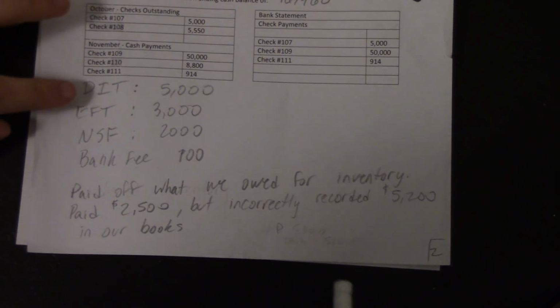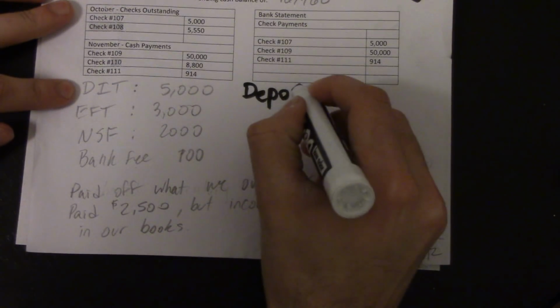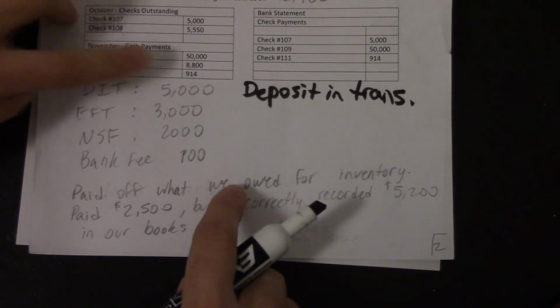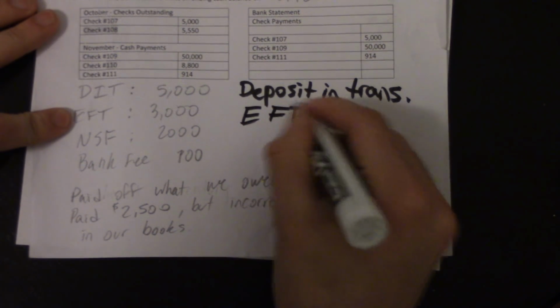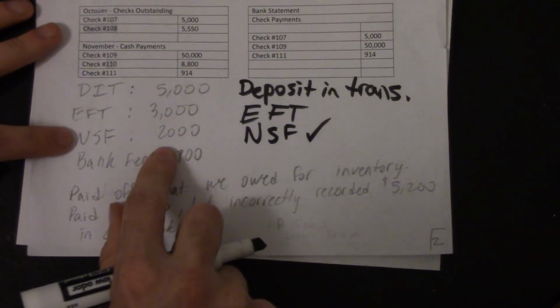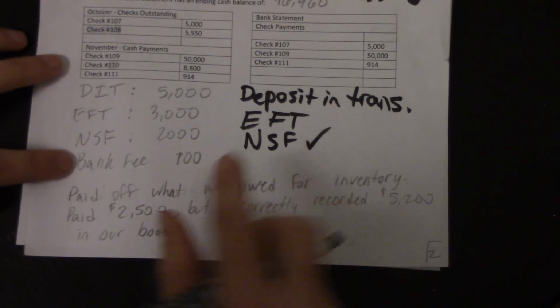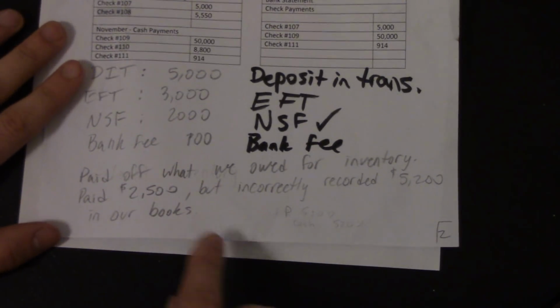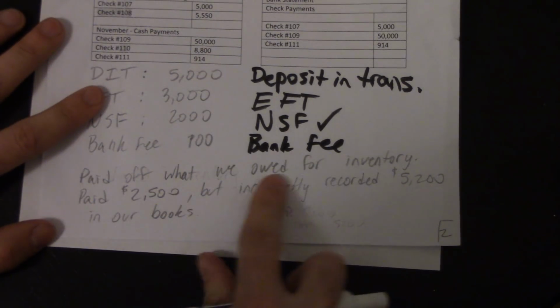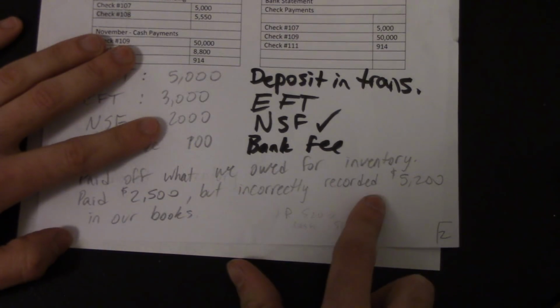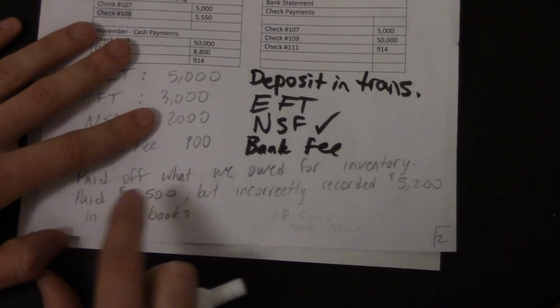We've got a deposit in transit for $5,000, an electronic funds transfer for $3,000, a non-sufficient funds check for $2,000, a bank fee for $100, and then this little fact: we've paid off what we owed for inventory. We paid $2,500, but incorrectly recorded $5,200 in our books. So we'll get to that later.